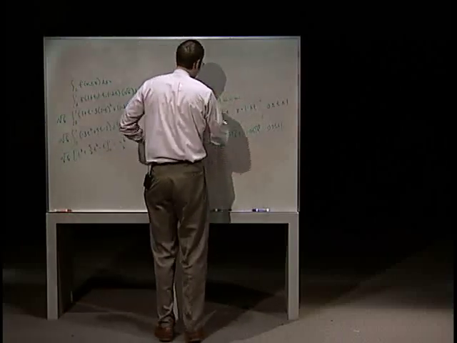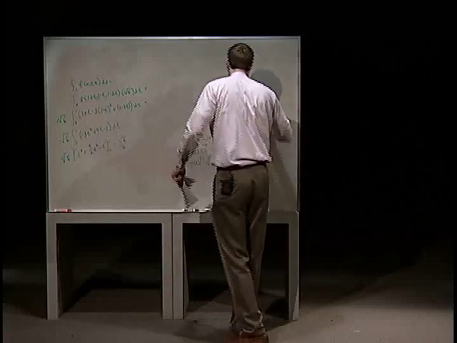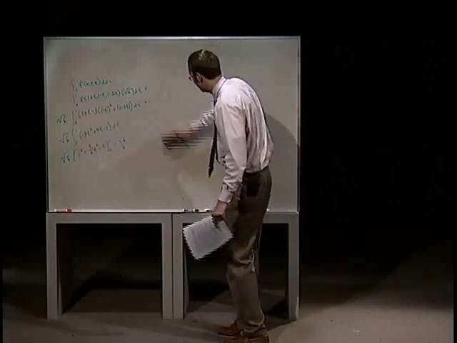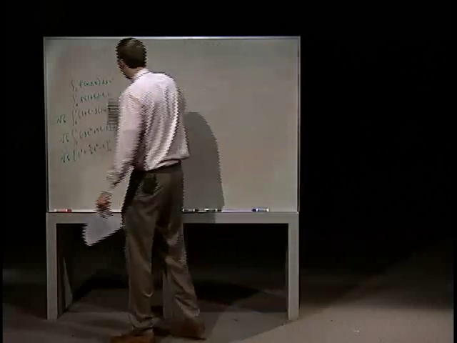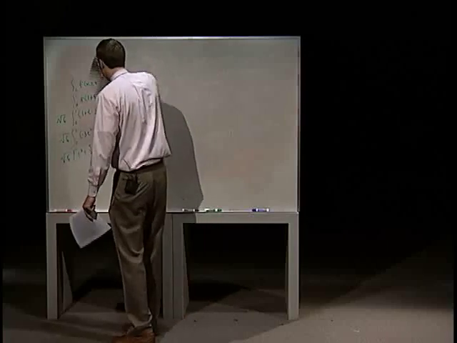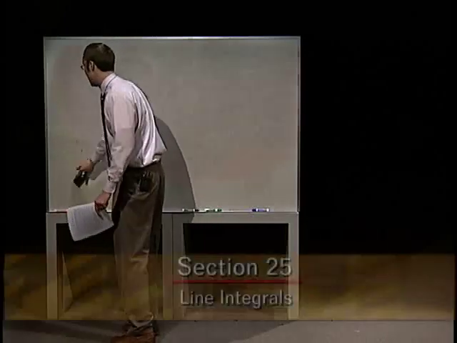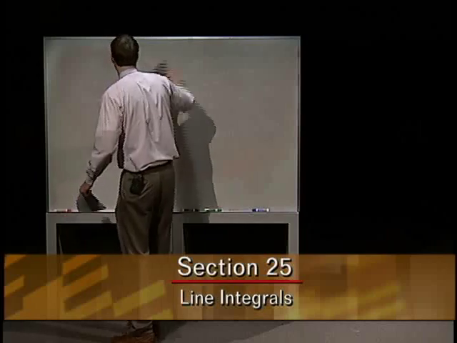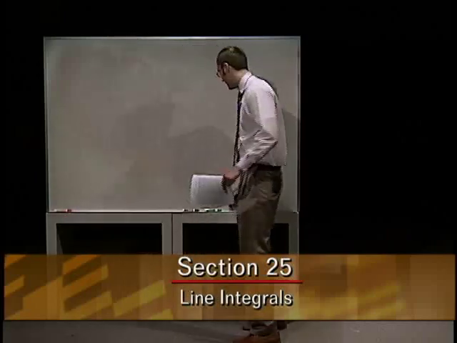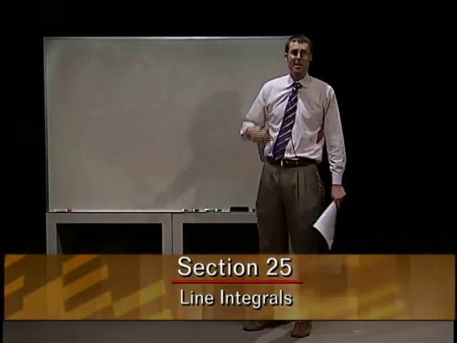There are other things that make it even nicer sometimes, though. It may be that our path is not particularly nice as it is, but if we could break down our path of integration into nice pieces, we might be able to do something like that.